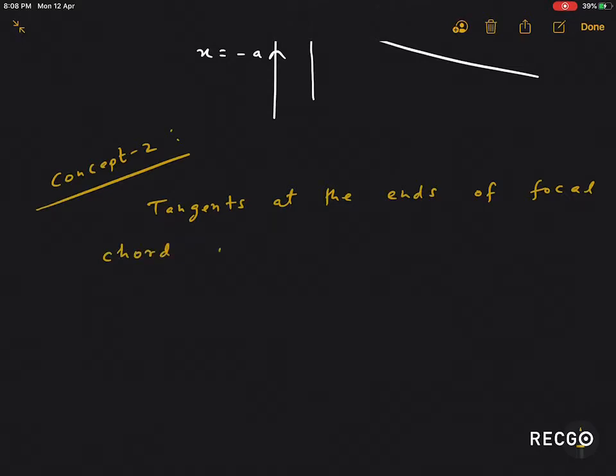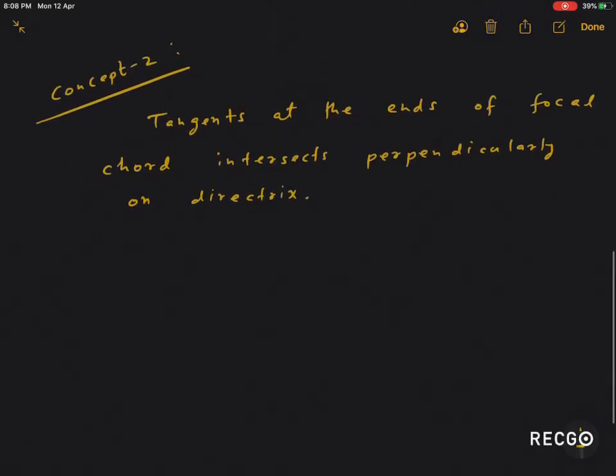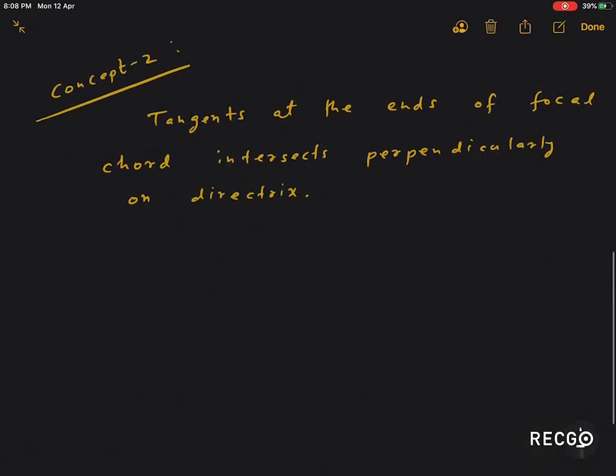So what is concept number two? Suppose that we draw tangents at the ends of any focal chord. This is a very popular concept, and I think the majority of you must be knowing that if we draw tangents at the ends of a focal chord, then these tangents intersect each other perpendicularly.